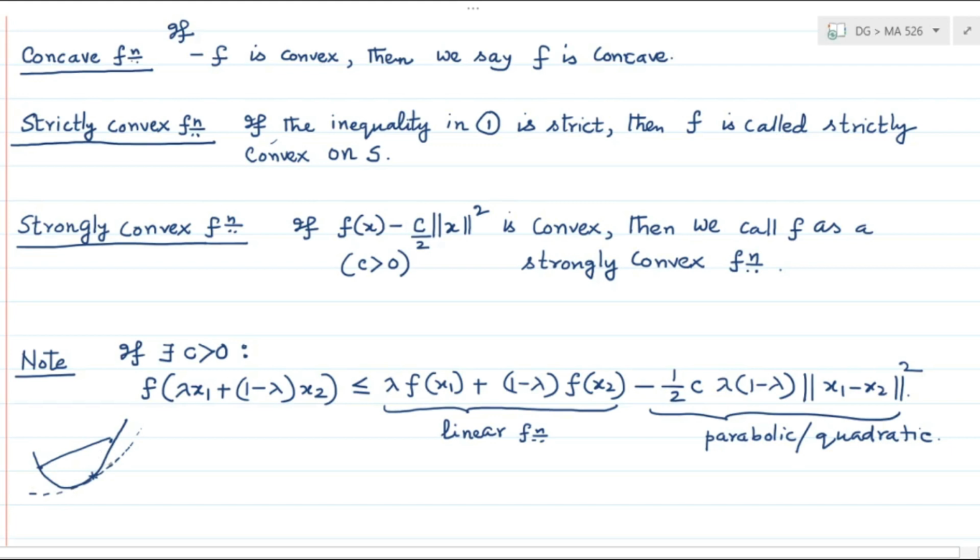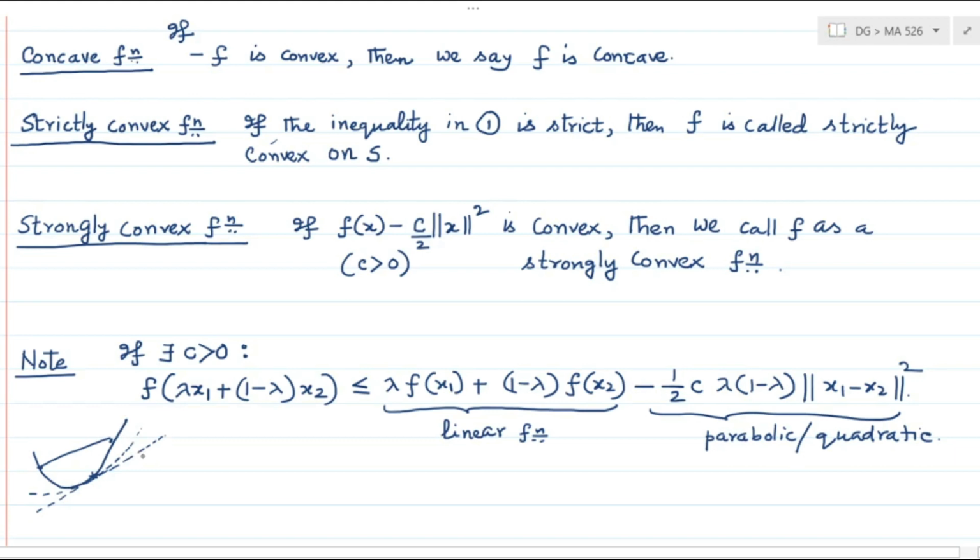Fine. And we also will see, if a function f is differentiable, then at any given point on the graph of the function, if the function f is convex, then there is a supporting hyperplane. By supporting hyperplane, obviously we mean a plane that touches the given graph of the function.